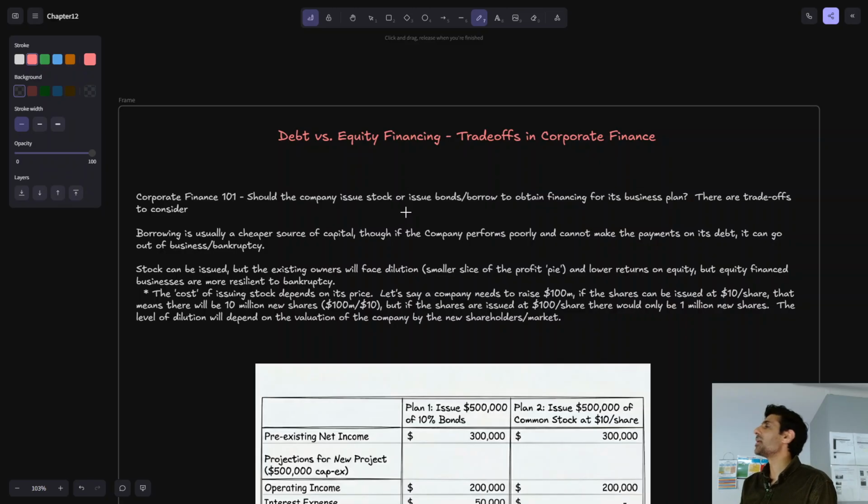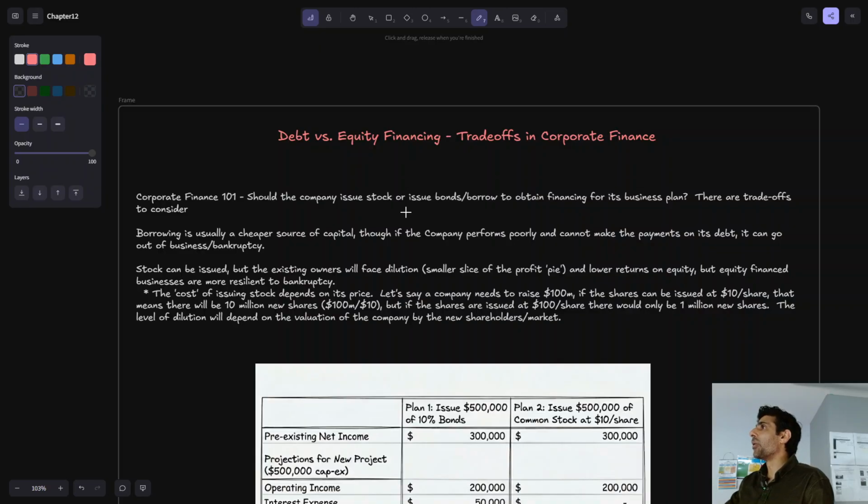So one hope when companies do issue stock is that the entire pizza will grow bigger. So though you're having more people, the pizza goes from a small to an extra large. There will be more people to share with, but the pizza size is larger, so your slice is actually going to be better off. Okay, so that's one thought.